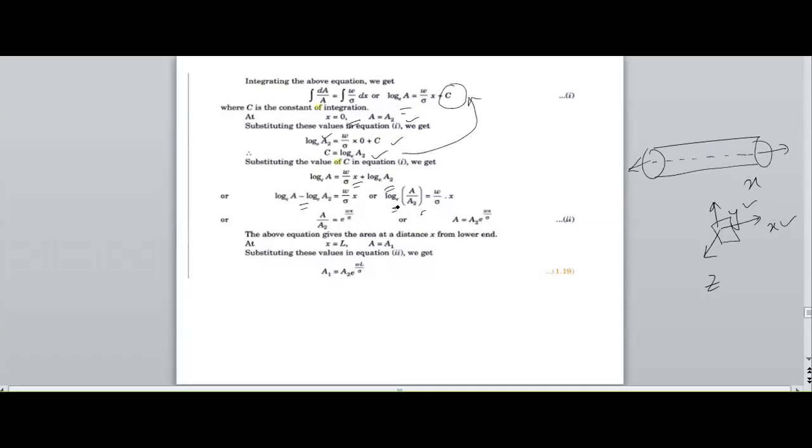Therefore, moving the log to the other side, that is the right hand side, we get A is equal to A2 into e to the power of omega x by sigma.